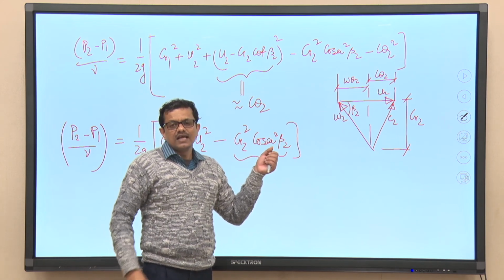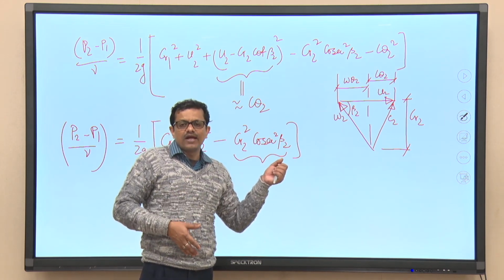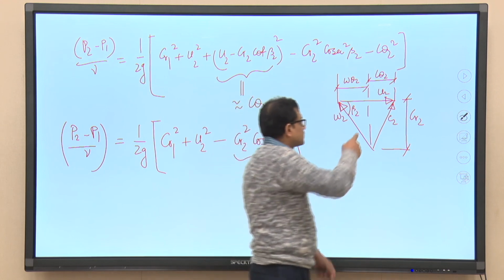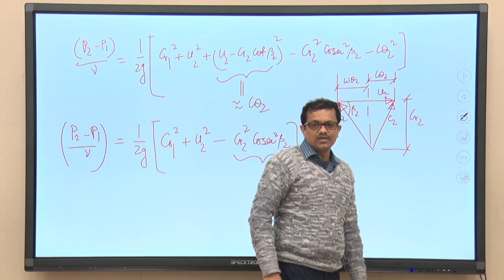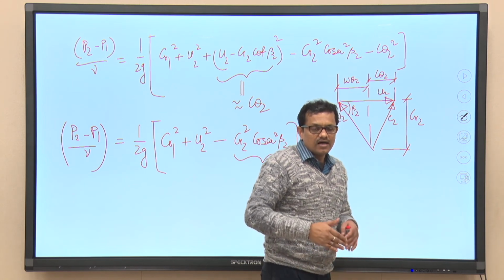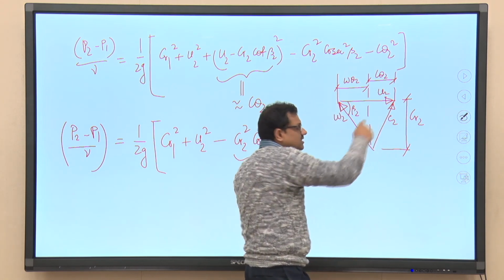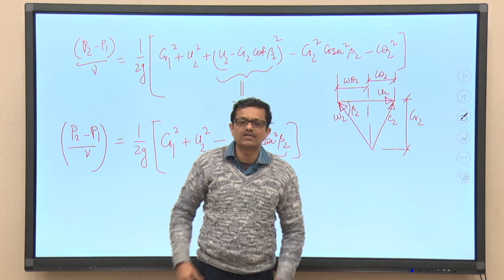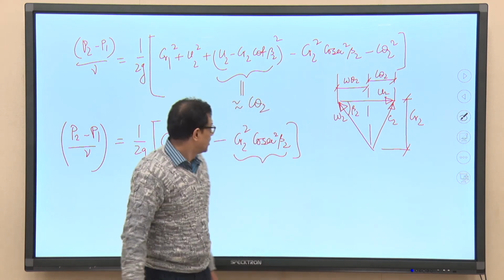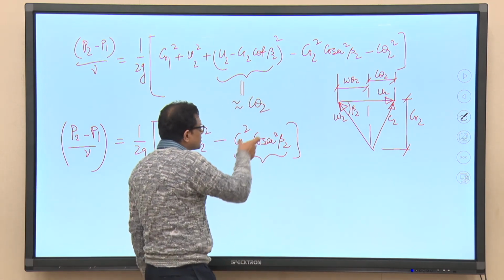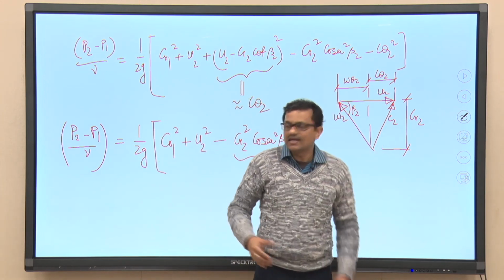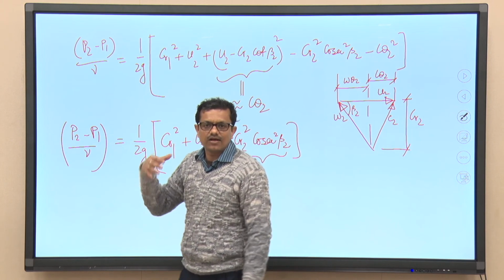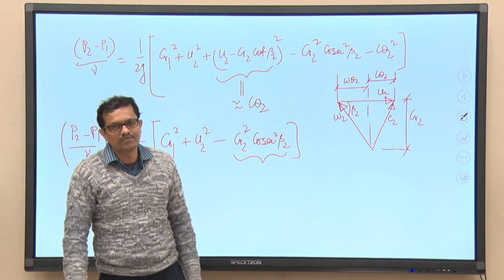So, again we are coming to the same point, that the absolute velocity of the fluid leaving the pump impeller should be reduced. Our objective should not be to increase the absolute velocity of the fluid leaving the impeller, because the leaving loss will be high. So, by tuning the flow velocity at the outlet and the blade angle at the outlet, we can definitely maximize the pressure rise across the pump impeller, and that should be our objective.